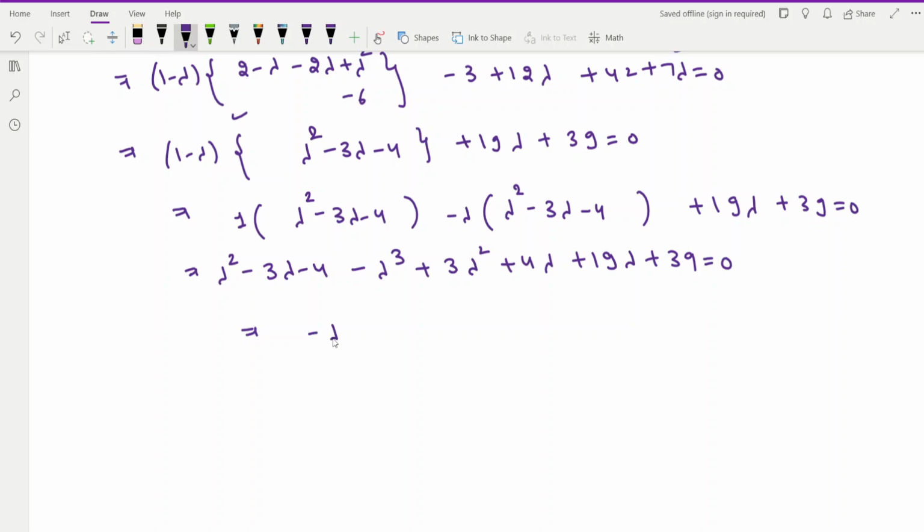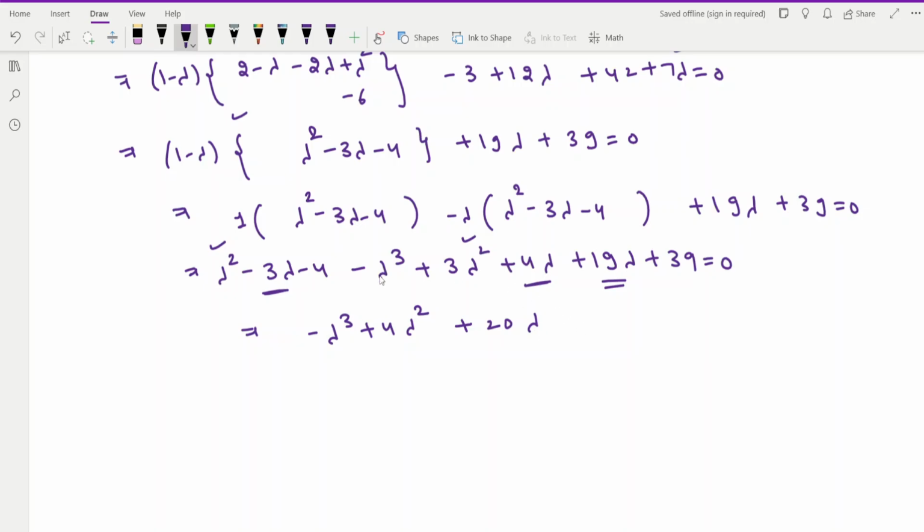So it will give us minus lambda cube. And 3 lambda square plus lambda square will give us 4 lambda square, right? Here it is minus 3 lambda and plus 4 lambda, so it will give us lambda, and lambda plus 19 lambda gives plus 20 lambda.